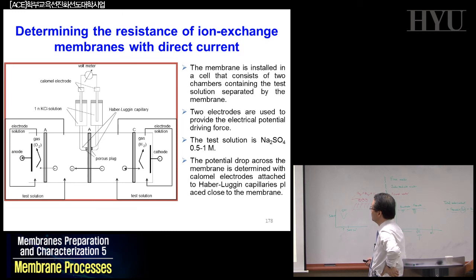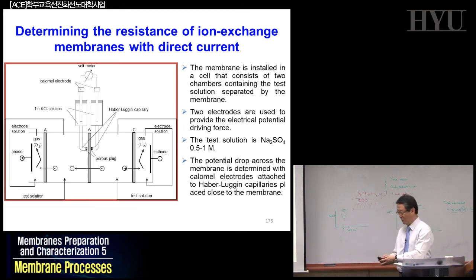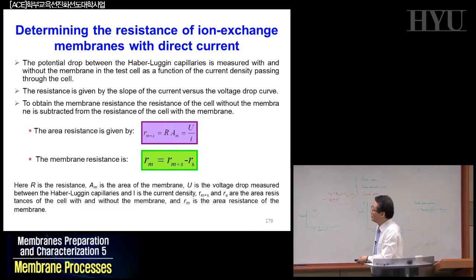So the test solution flows, okay, and the potential drop is measured by using this type of instrument, using these capillaries, which touch the membrane. Without the membrane, the test cell is measured by the current density passing through the cell, and you measure the resistance of the membrane with the solution, M plus S, as a slope of the voltage divided by the current density.